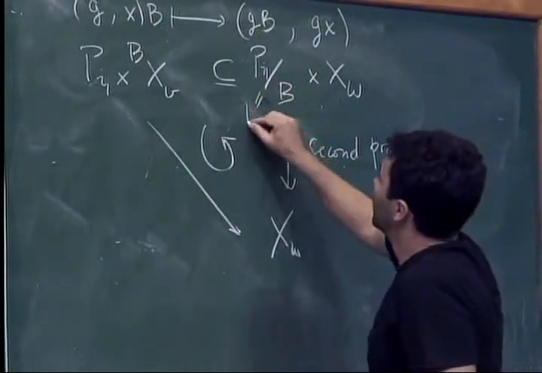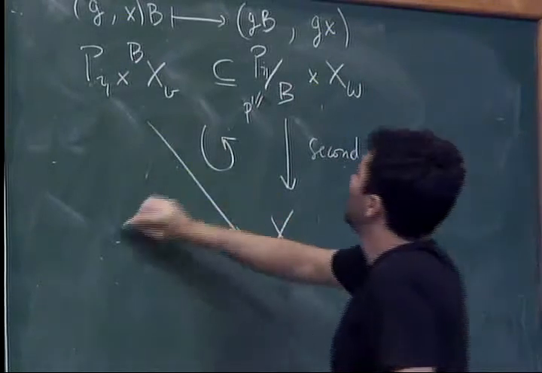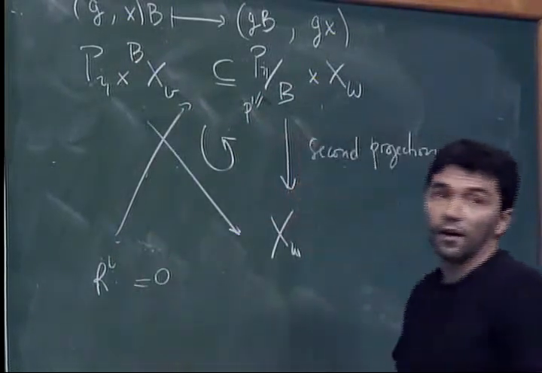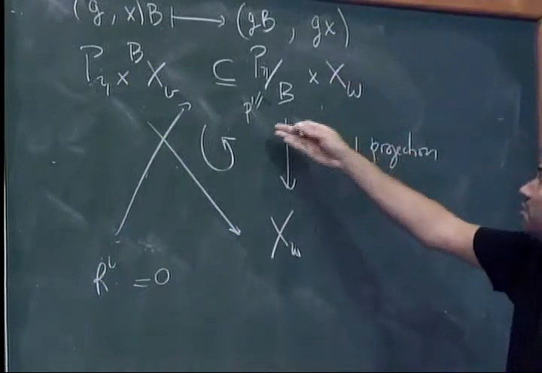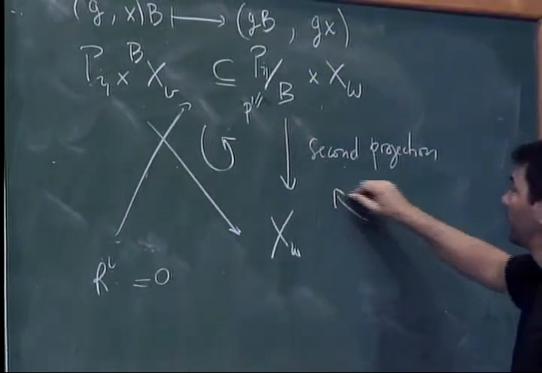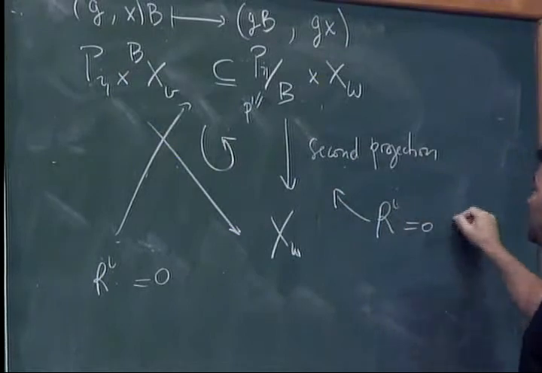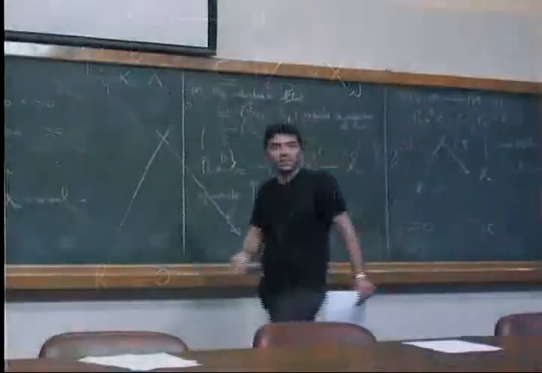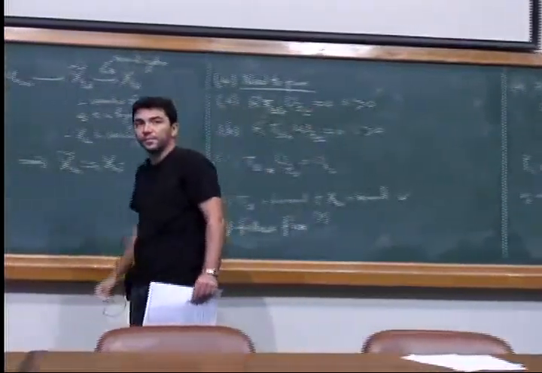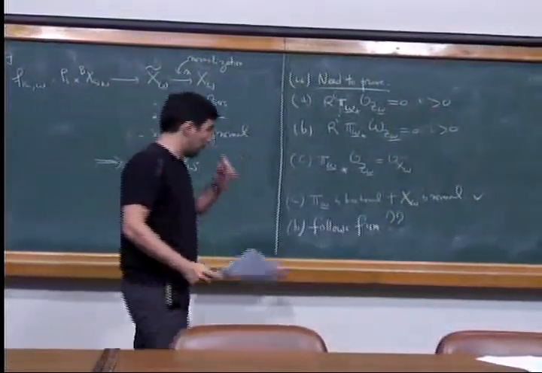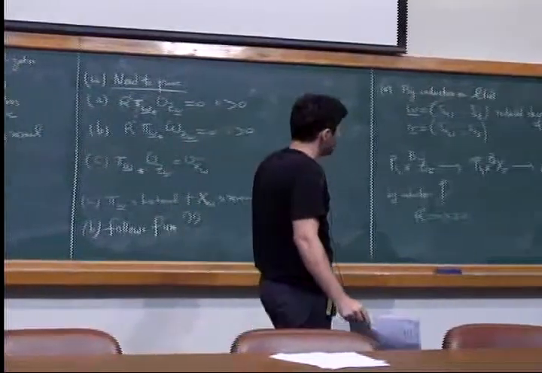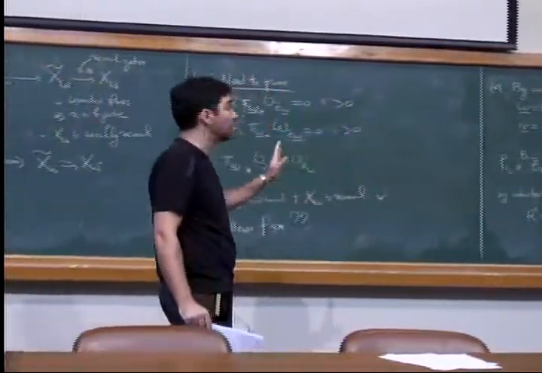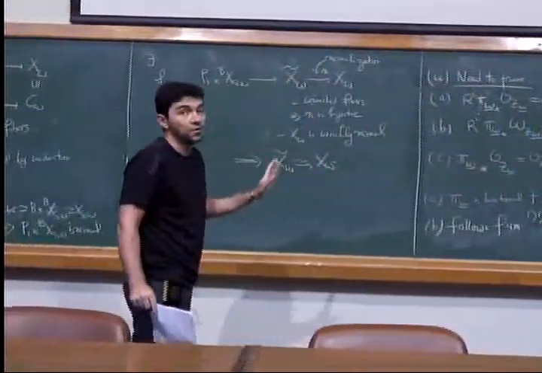So here the R^i is 0, and here this is a projection, and the fiber is P1 again. R^i are 0 for i positive. So this has nothing to do with the positive characteristic of Frobenius splitting. And in fact, you can deduce exactly the same result in characteristic 0, since the only thing you need in some sense is a vanishing theorem.